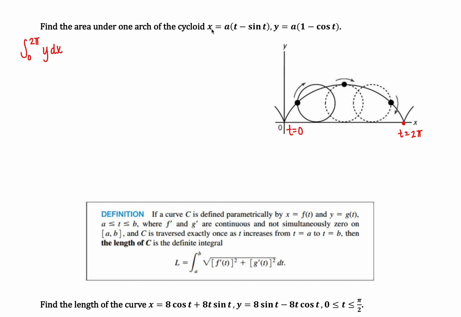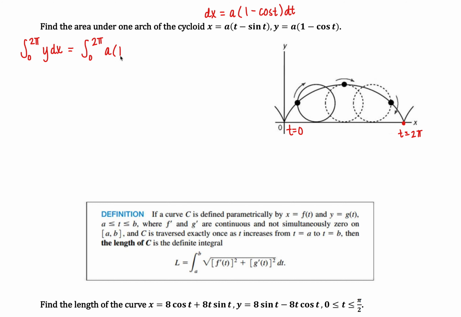We're going to replace y with what it equals, so it'll be in terms of t, and then we're going to do the same thing with dx. Since x is equal to a times t minus sine t, dx is a times 1 minus cosine t dt.